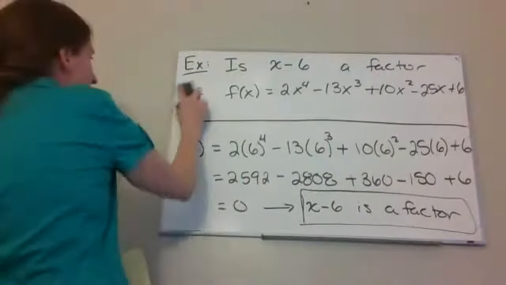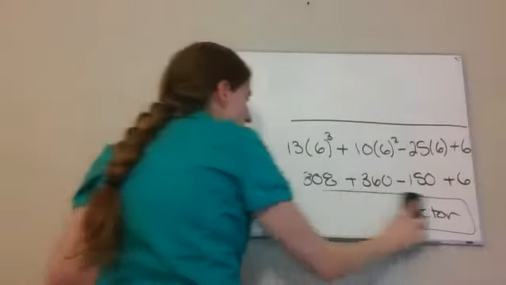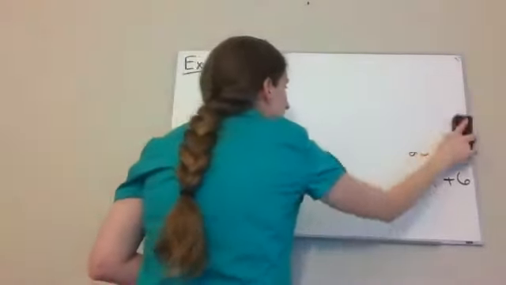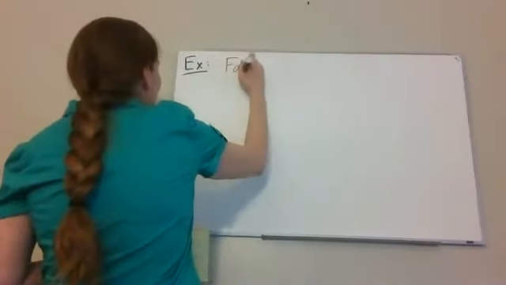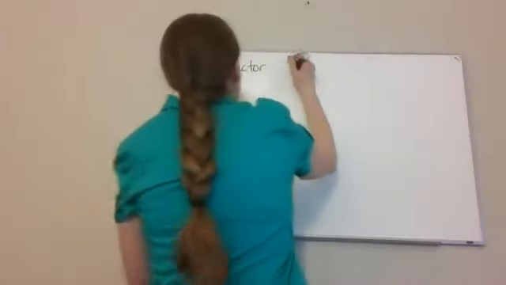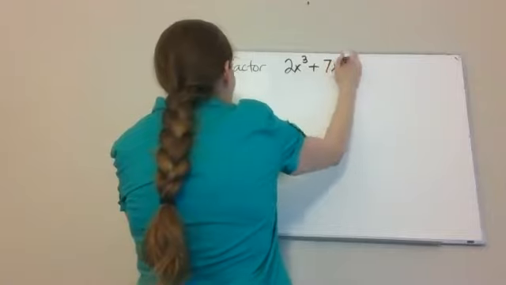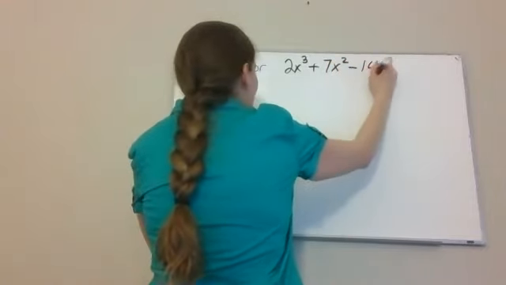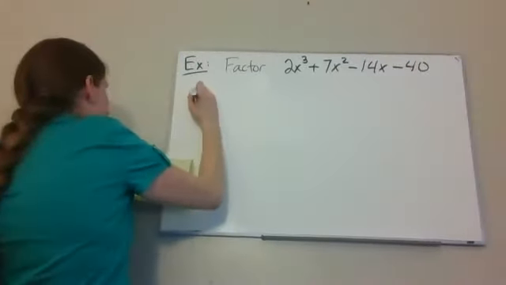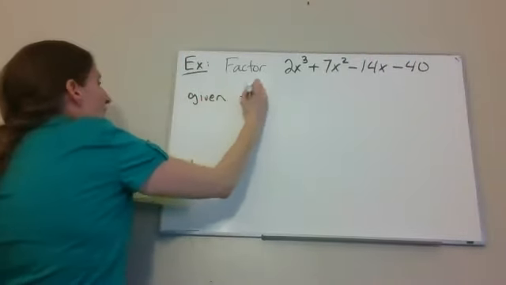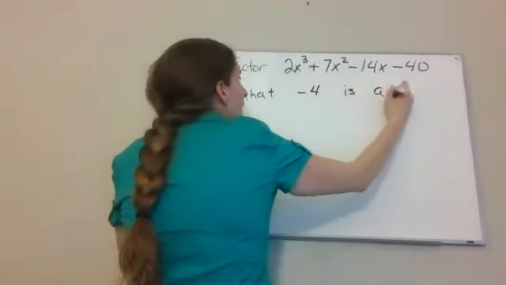Let's do another example. We are going to factor 2x to the third plus 7x squared minus 14x minus 40, given that negative 4 is a 0.